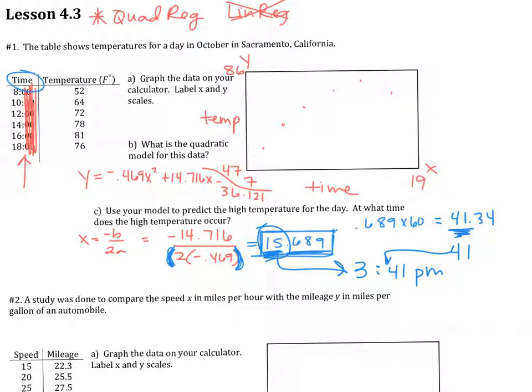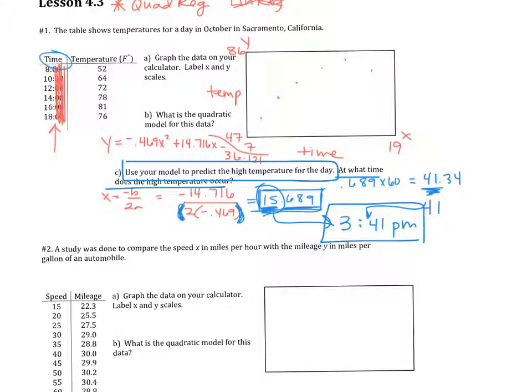I want to know at what time does the high temperature occur? This is when your high temperature occurs, at 3:41 p.m. But it also says use your model to predict the high temperature. So we want to know what the high temperature is, right?